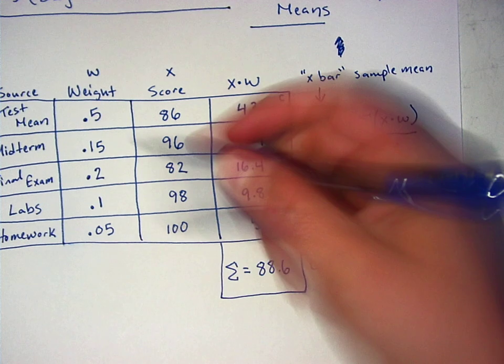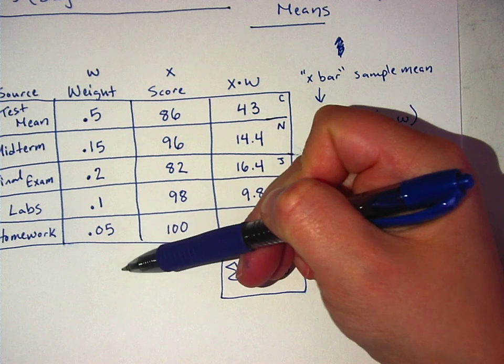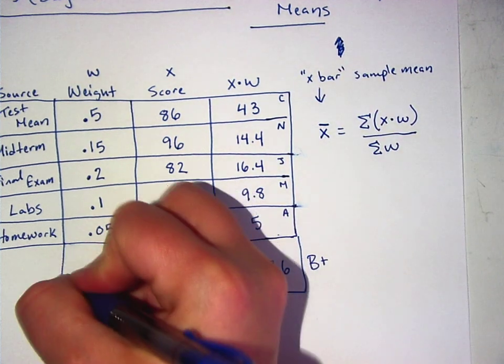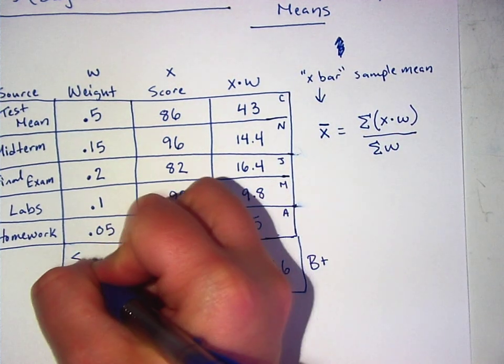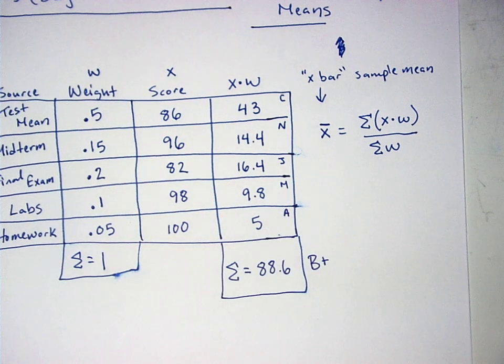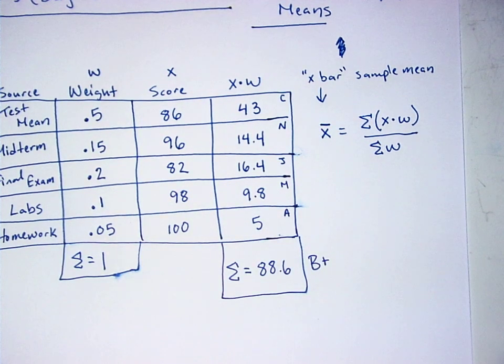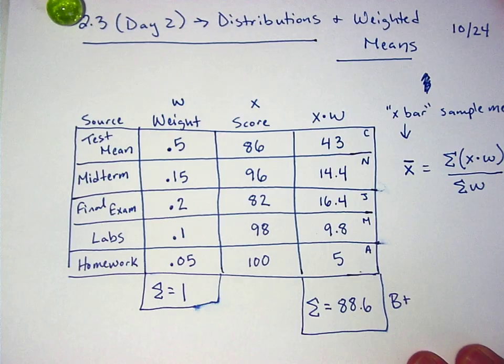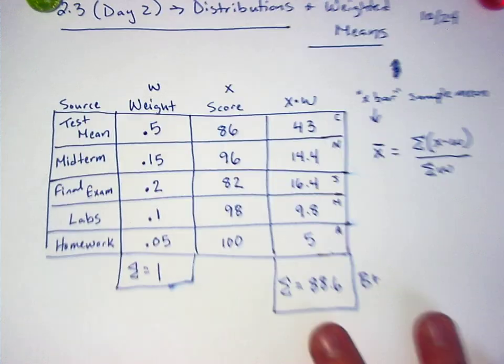What do you think it would have been if we had added all of these up? 1. And if I divide by 1, I still get 1. So anytime you're doing a grade, hopefully these percentages already add up to 100% or 1, so you wouldn't have to divide by anything. But occasionally you'd have to divide by the summation of the w's. How do you feel about this? Not too difficult? And yes, this is exactly how your grades are calculated.